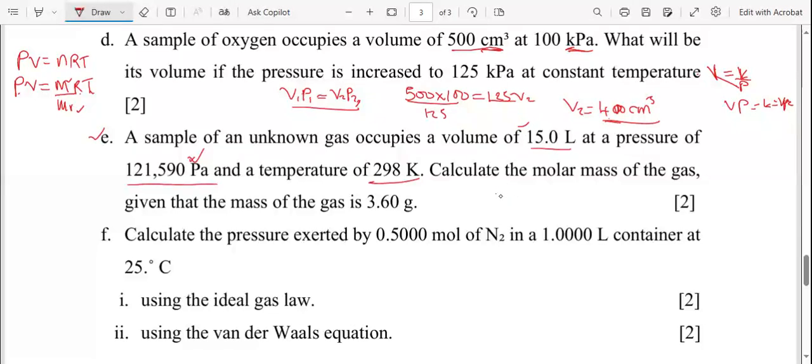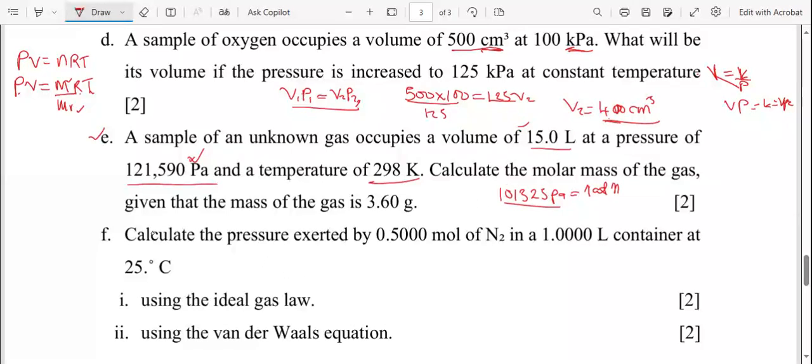So we need to change this pascal. We need to know that 101325 pascals is equal to 1 atm. So just divide the pascal we have by this one, and you'll be able to get our pressure in atm.